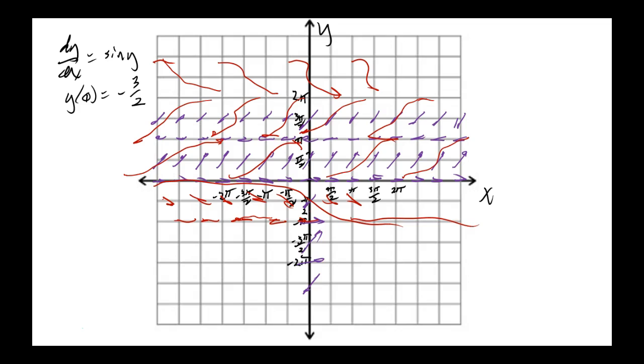Now, they have in the remarks here something called the method of isoclines. What you use isoclines for are areas of equal elevation. Have you ever seen a topographic map?